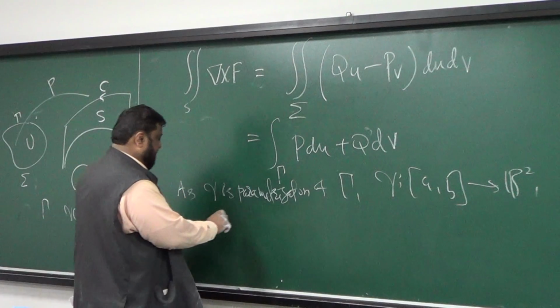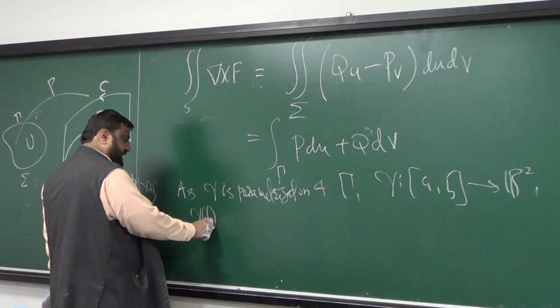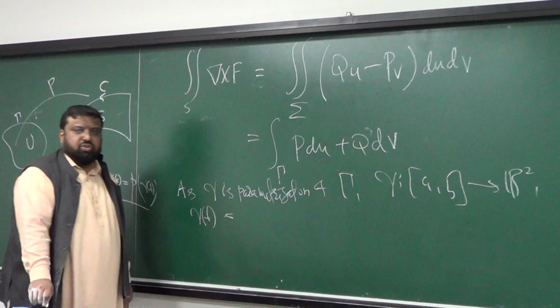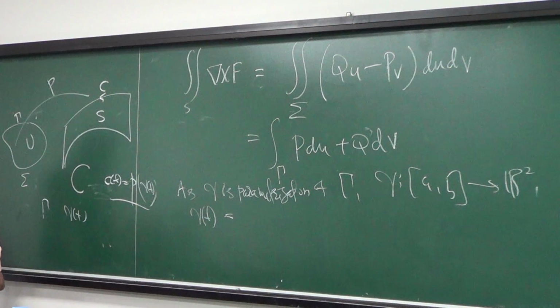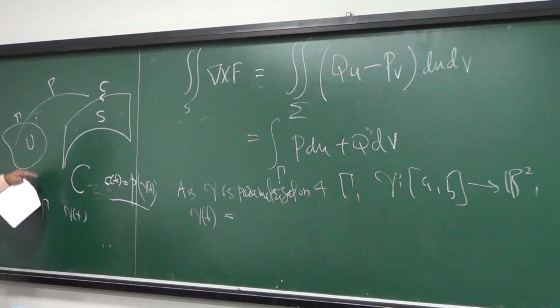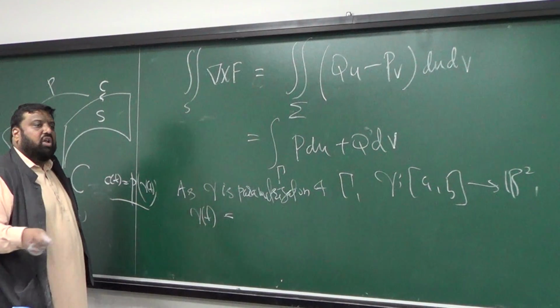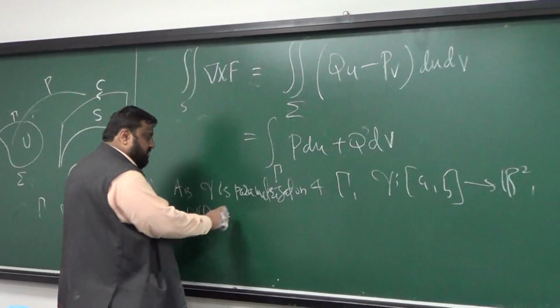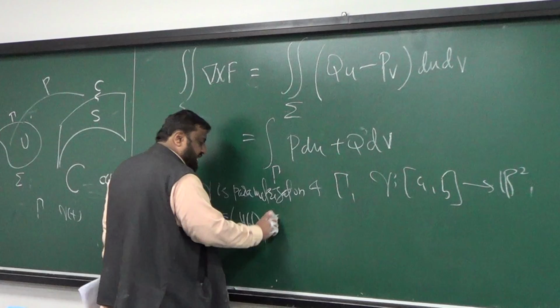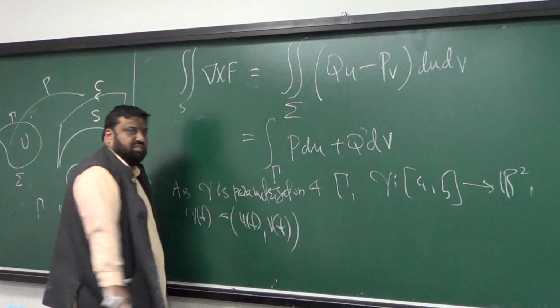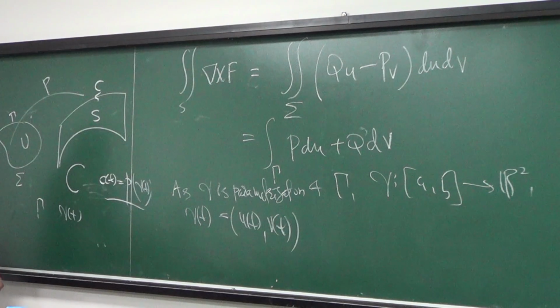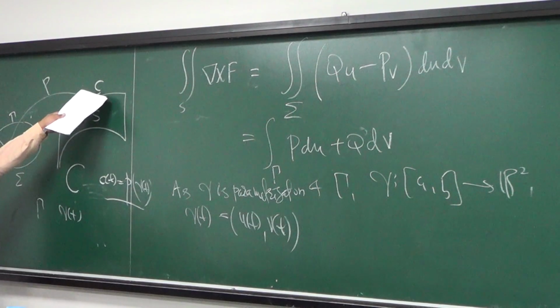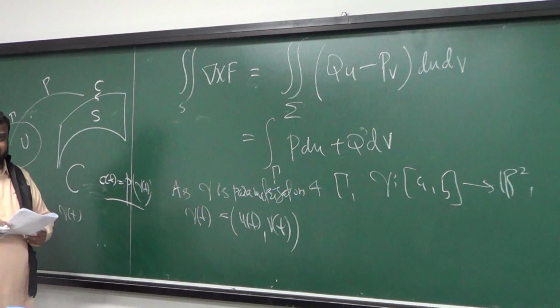So if you have gamma of t, how does the output look? It's going to be a point on this boundary, a two-dimensional point. All points in this region we denote by u and v. So this looks like u of t and v of t, which are ready to be swallowed by p, to throw them onto the boundary here.